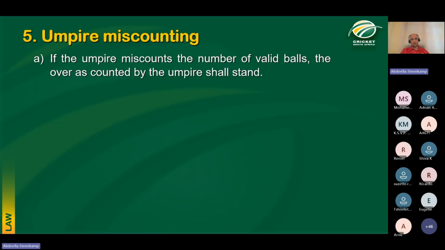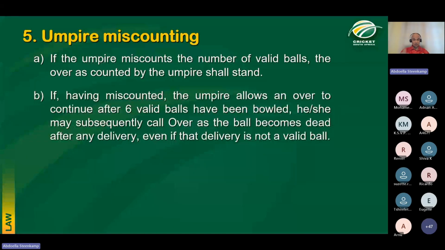The law guides us and tells us that if the umpire miscounts, the number of valid balls that the umpire has counted shall stand. If the umpires gave a 5-ball over, that 5-ball over shall stand. If the umpires allowed a 7-ball or 8-ball over, that 7-ball or 8-ball over shall stand.